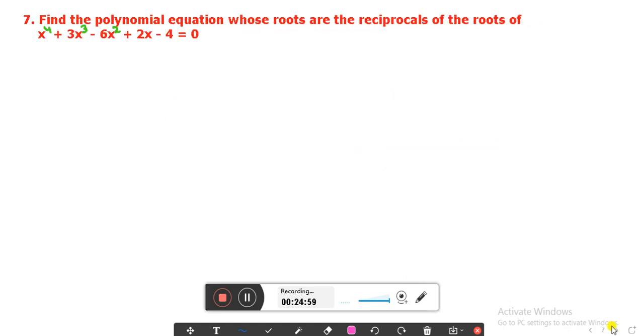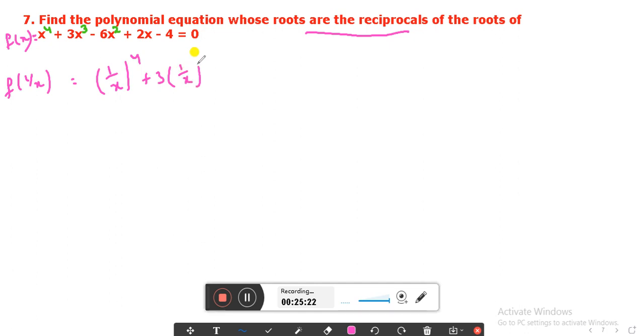And next question, find the polynomial equation whose roots are the reciprocals of the given roots. Reciprocal is nothing but 1 by x. So for the given polynomial equation we have to write the reciprocal equation. Reciprocal equation is nothing but in place of x we have to write 1 by x.